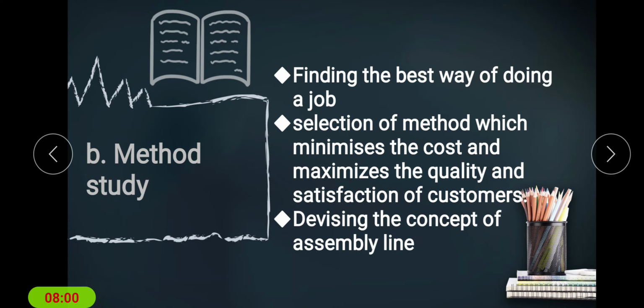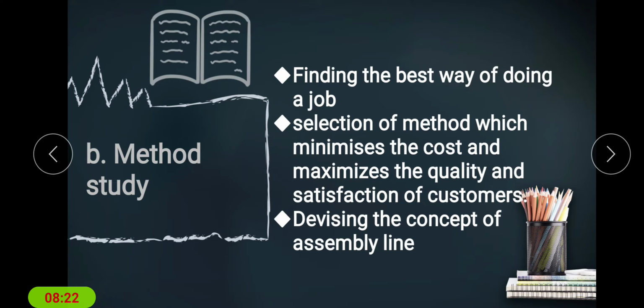Now the next one is method study. It is conducted in order to find out the best method of performing the job so that the cost can be minimized. It consists of selecting the method which minimizes the cost and maximizes the quality and satisfaction of customers.